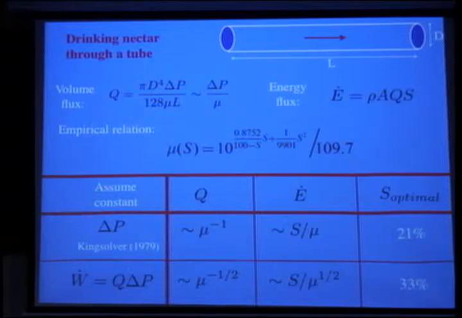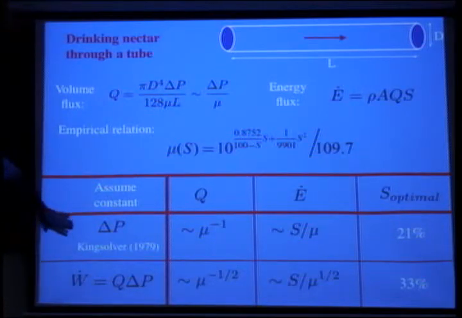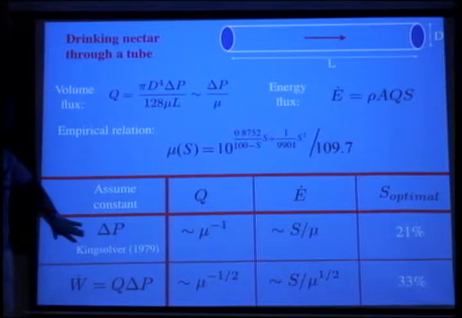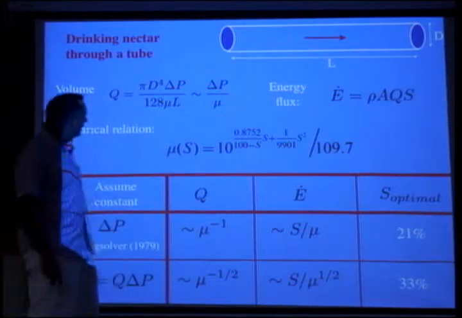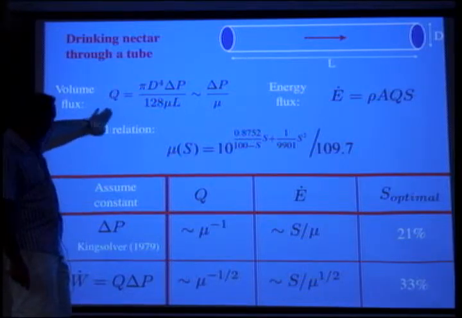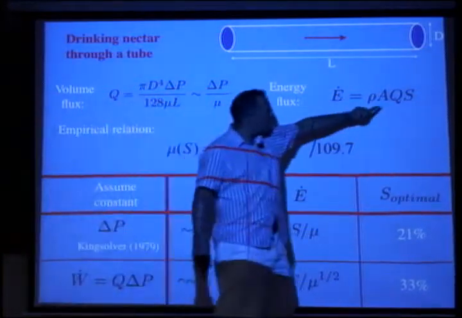What Kingsolver did, he had this very nice idea of posing it as an optimization problem, and he assumed that what was held constant was the pressure difference. If you assume that, then you find from this relation simply that Q goes as 1 over mu. So E goes as S over mu.